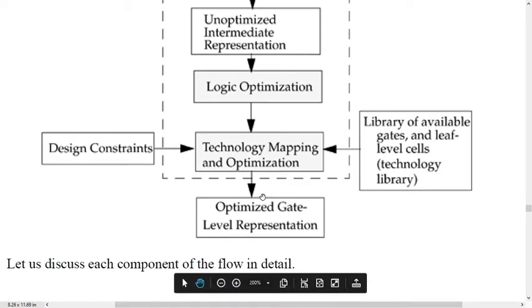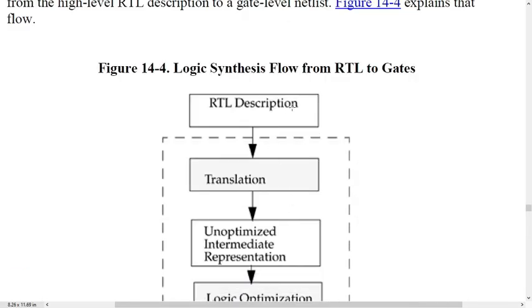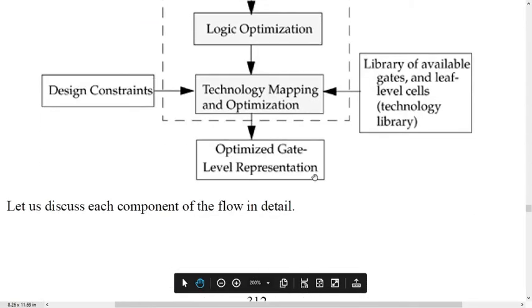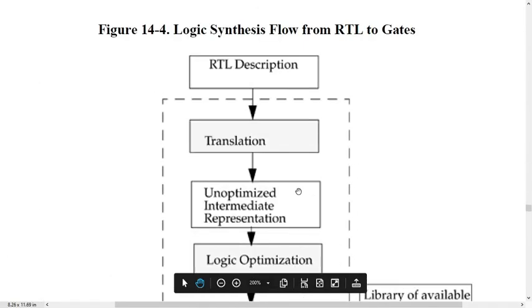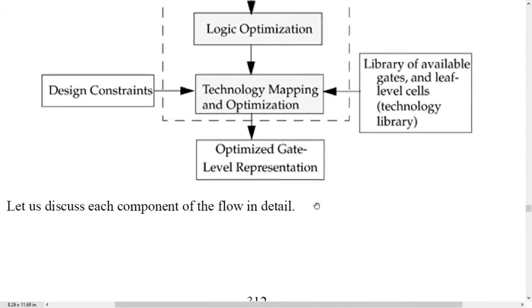Only then can I say that it is an optimized gate level representation. I have an RTL description, and from it I need to convert into a gate level representation. As we discussed what is in the designer's mind, the same procedure we follow to convert RTL to gate level. I need to cross verify that.